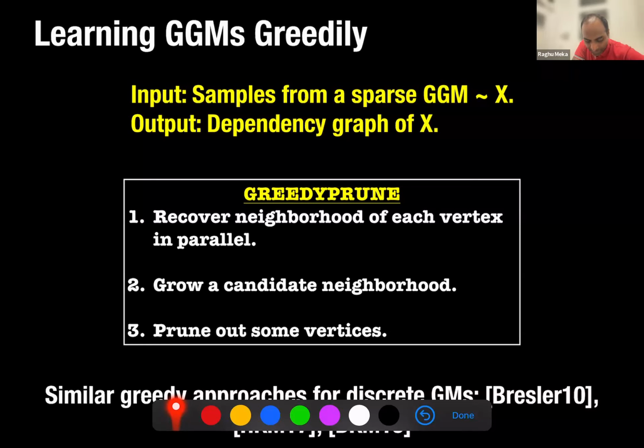And the way we learn the neighborhood is as follows. We first grow a candidate neighborhood and then prune out some vertices. We don't know what the exact neighbors are, so we'll grow a candidate neighborhood, maybe we added some spurious ones, and we'll then throw out some vertices.